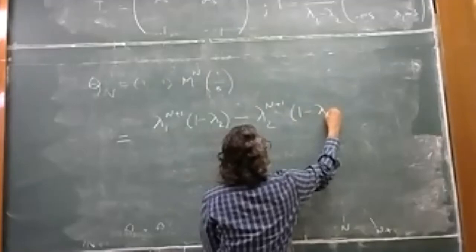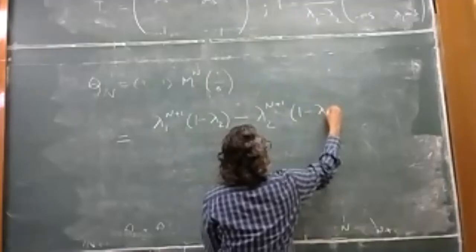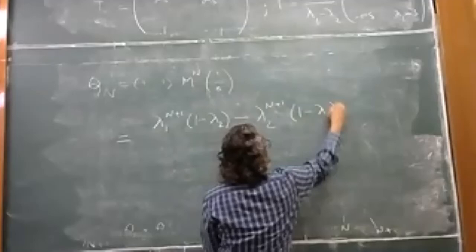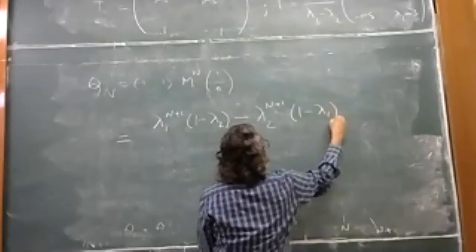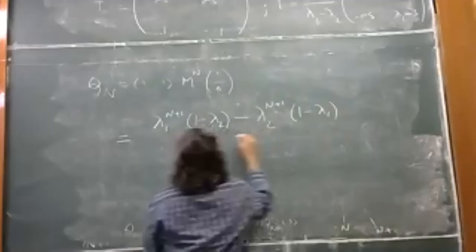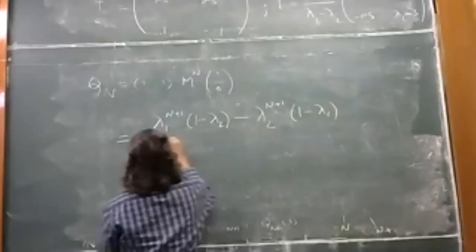A simple expression containing the terms lambda 1 power n plus 1, because we have n power, n times this. Let me write this.